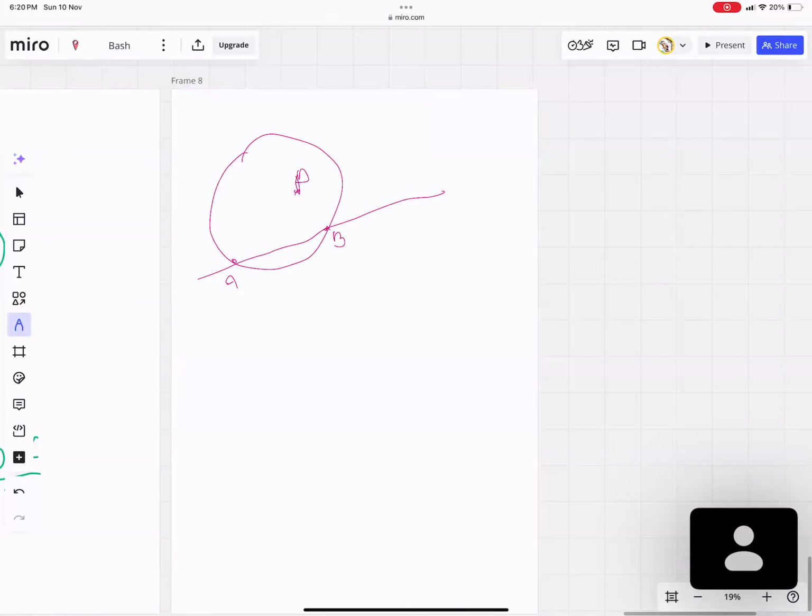Now we know that P belongs to AB if the foot of the perpendicular from P onto AB is P itself, right? So what I'm saying is, let's say you have AB and P, and the foot of P onto AB is P prime. P equals P prime if and only if P is on AB.